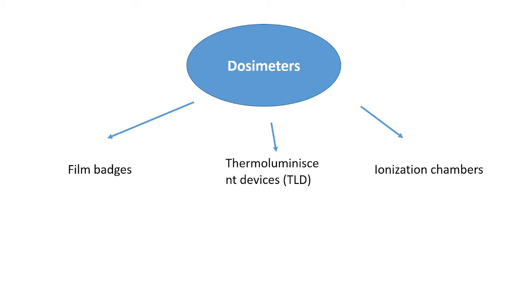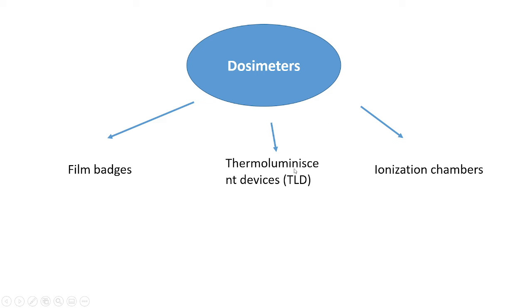Film badges are basically X-ray films which are wrapped in paper, mounted on plastic, and worn by the medical personnel. These X-ray films contain silver bromide. When this silver is exposed to radiation, it is reduced from Ag+ to Ag, which will lead to blackening of the film, which is later detected and assessed for radiation exposure.